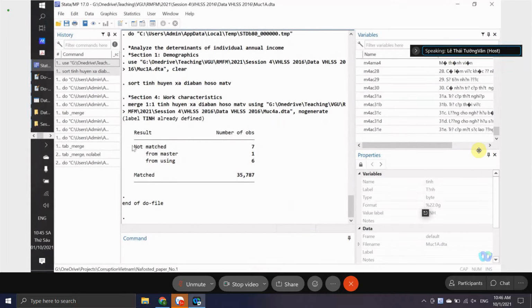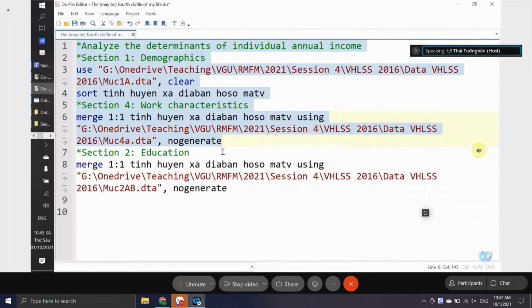Okay, so if you see now, this is the tricky part. When you're supposed to merge two sections of a survey, and a lot of information is missing. Let's say instead of having this result, you may have something like this one.